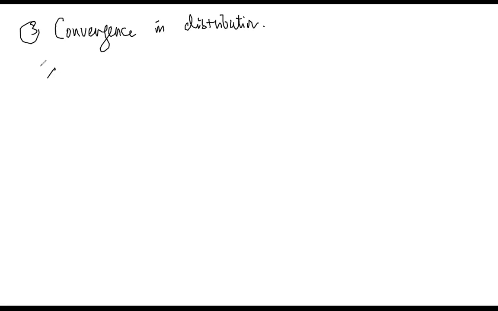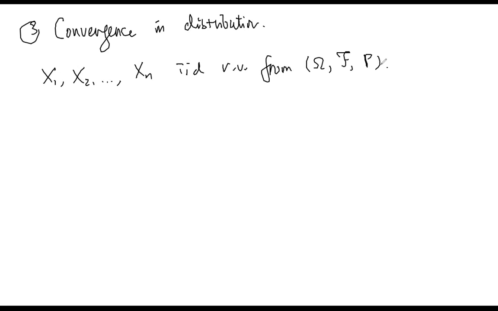So again, you have x1, x2, xn being IID random variables from a probability triple.